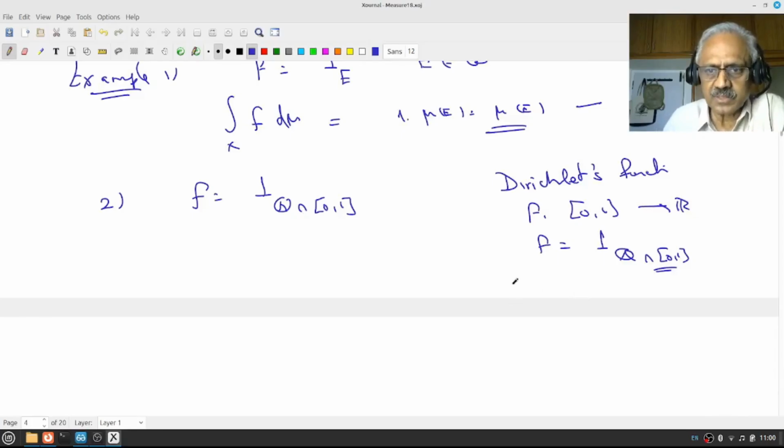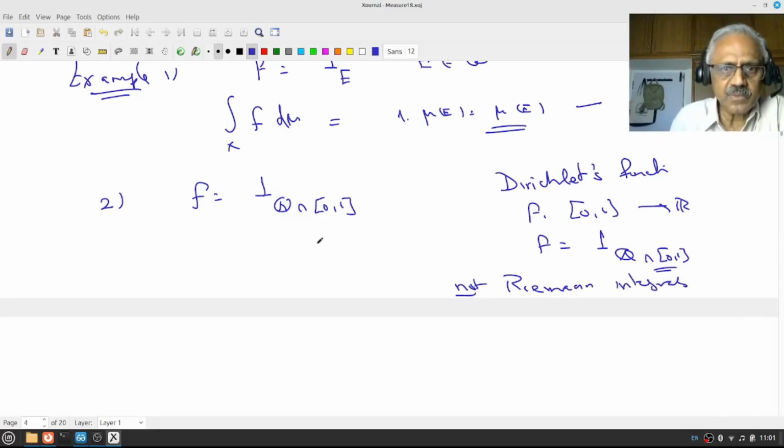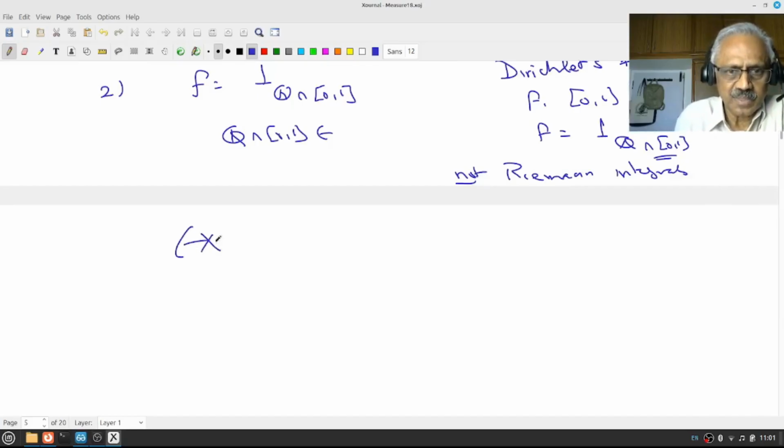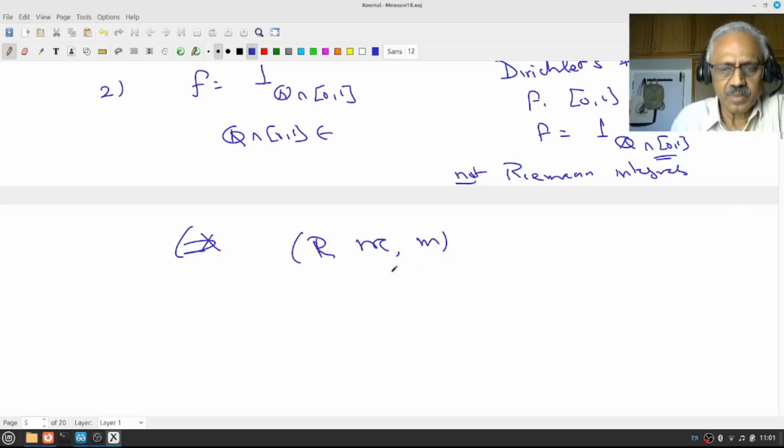And you know that this is not Riemann integrable. But here you can see Q intersection [0,1] is a measurable set. So I should have said what the measure space is. The measure space is R with the Lebesgue measure. This is our measure space.